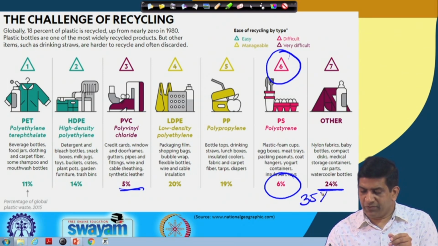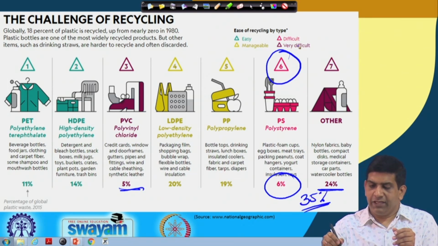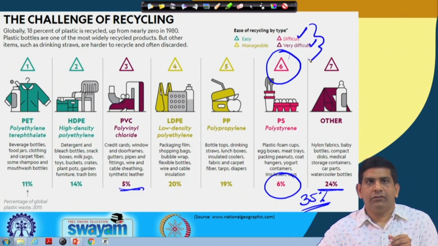So 35% is either difficult or very difficult to recycle. More than a third of the plastic cannot be recycled. So that really becomes a concern.